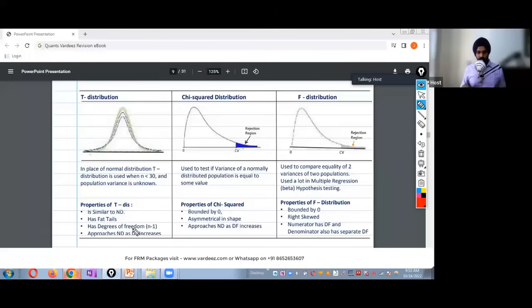Now there's a concept of degrees of freedom, which is actually used in hypothesis testing. But for now, if you don't know what that is, it's just the freedom that is allowed if we have 10 variables or 10 things.